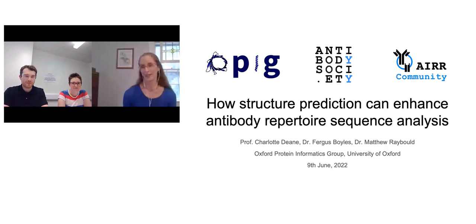Our speakers today, Professor Charlotte Deane and Doctors Matthew Raybould and Fergus Boyles, are affiliated with the Oxford Protein Informatics Group at Oxford University, and they are also active members of the AIR community. Today, they will tell us how structure prediction can enhance antibody repertoire sequence analysis.